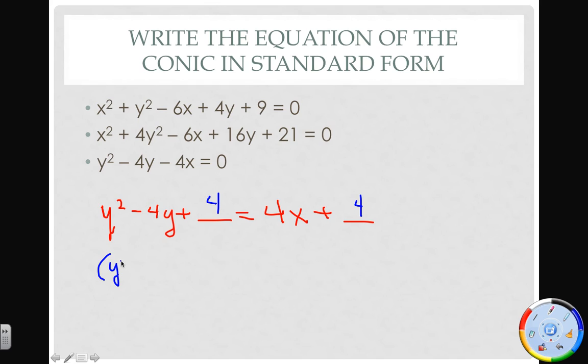I'm going to factor the left now. And I do actually want to factor the right-hand side because we need an x minus h. So in this case, it's kind of nice because I can factor the 4 out of both.